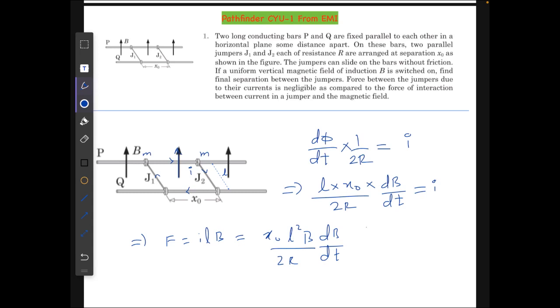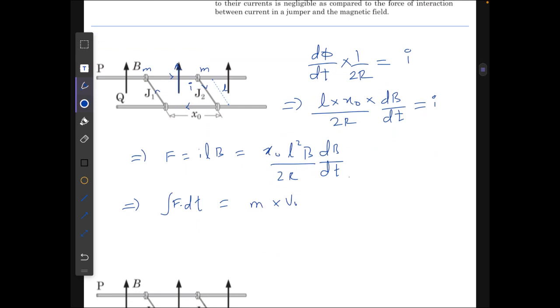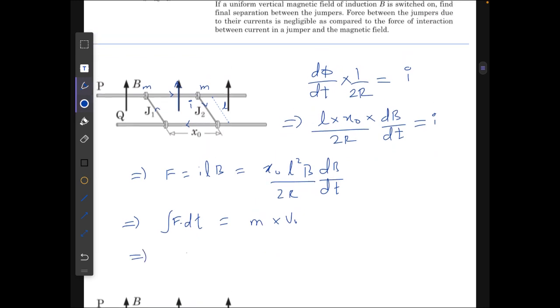So the impulse, integral F dt, equals the change in momentum. Let's say it gains a velocity v naught in the small time, so m times v naught. From here, v naught equals 1 by m times the integral of F dt, which is the integral of x naught L square B dB by 2R.